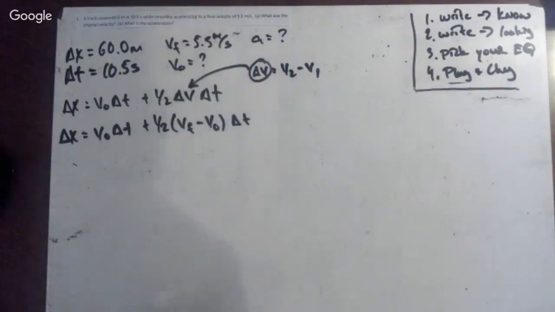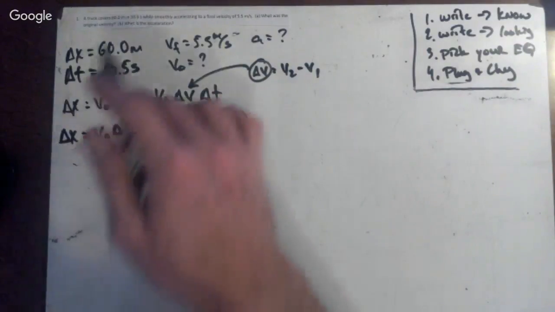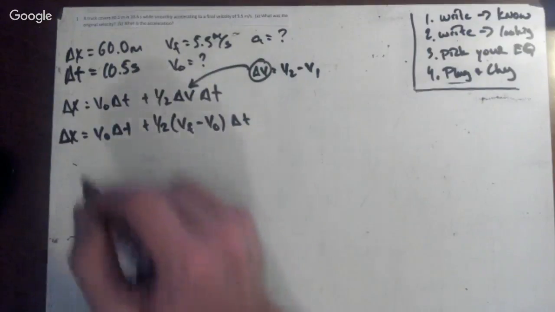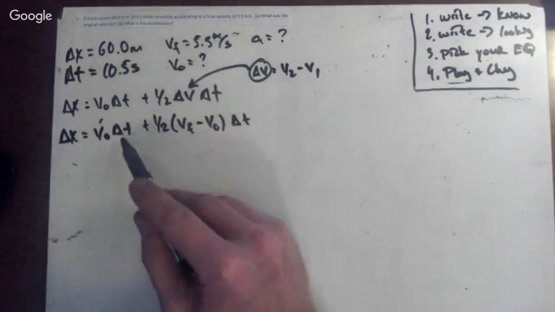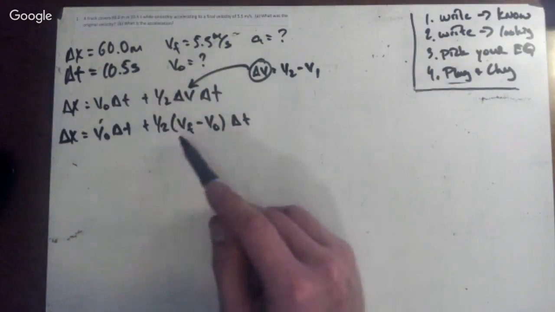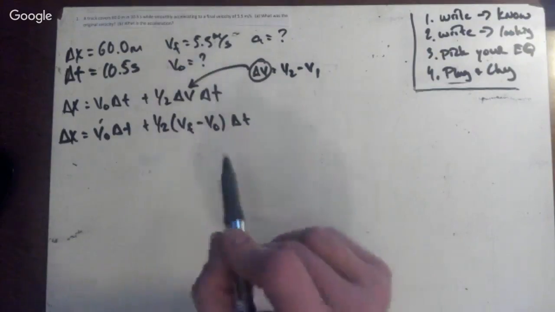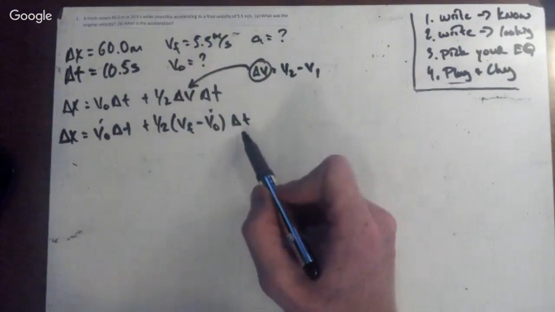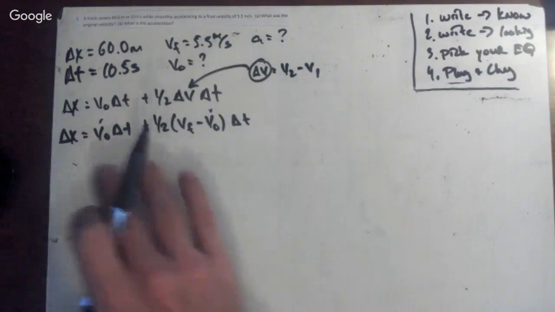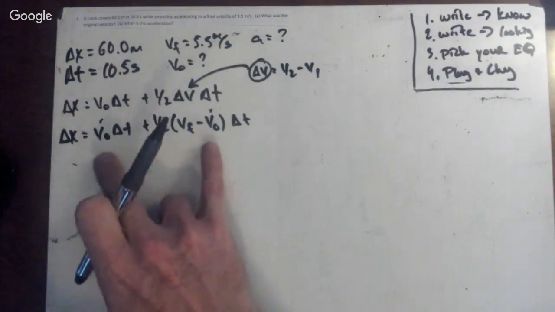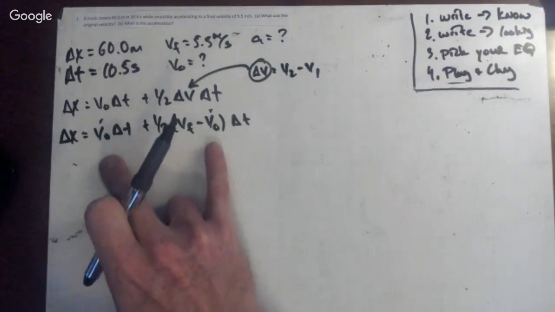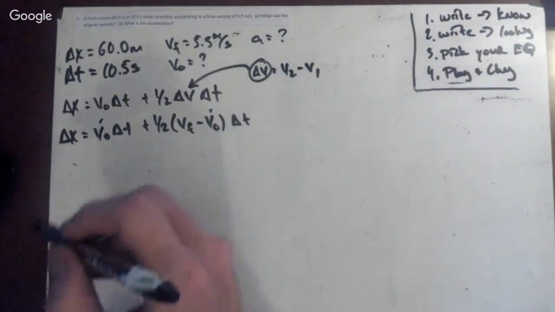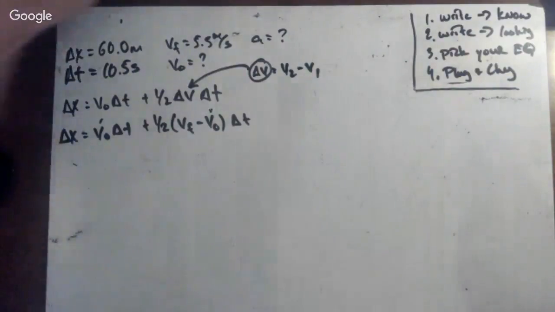Now, let's see whether or not we know enough. We know delta x because it's given to us. We don't know v0 because it's not given to us. We know delta t and the final velocity because they're given to us. So we only have one unknown in this equation, which means that we can use this equation.